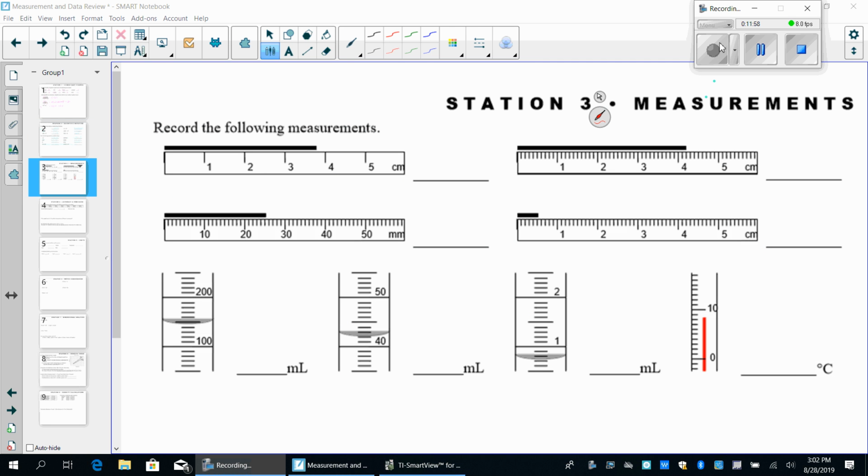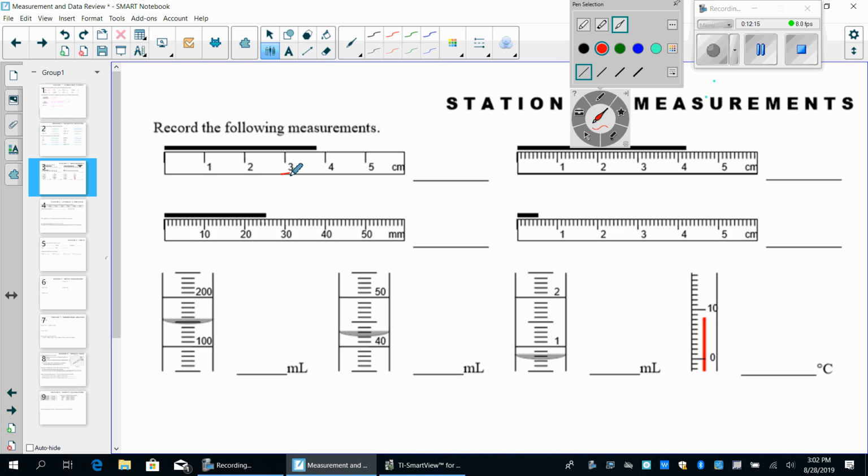Okay, when you are reading measurements, you have to read all of your known digits plus one estimated. So your known digits are the ones that are marked on the device. So for this one, your 3 is marked here, and so you know it is 3 point, but you're estimating where that line falls.